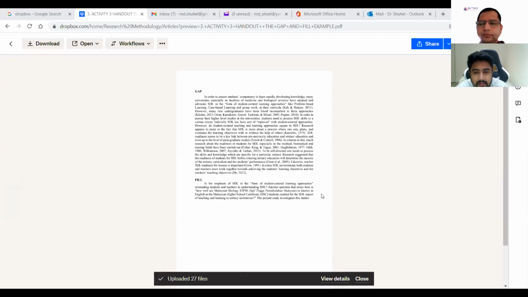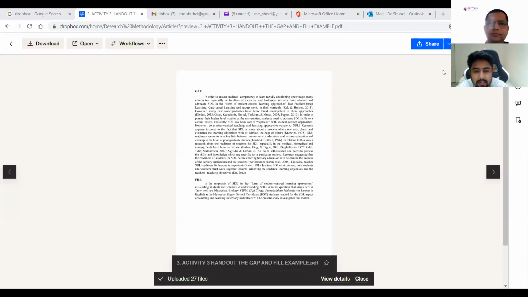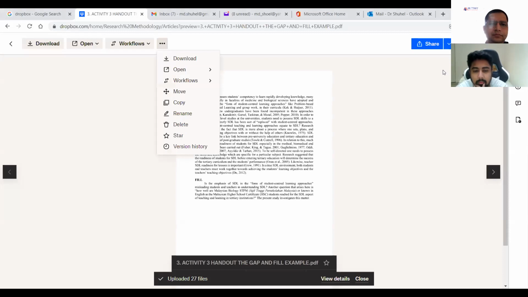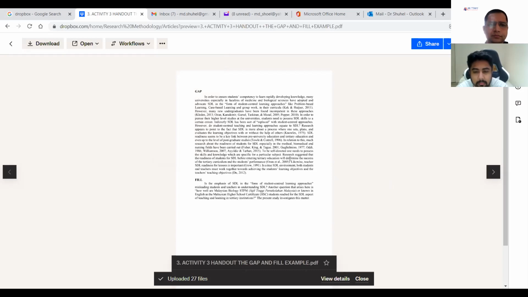To be self-directed, one needs to possess the skills and knowledge which are specific for a particular subject. Research has suggested that the readiness of students for SDL before entering tertiary education will determine the success of the tertiary curriculum and the student's performance. Likewise, teacher SDL readiness for lessons is important. In a true SDL environment, both students and teachers must work together towards achieving the students' learning objectives and the teachers' teaching objectives.